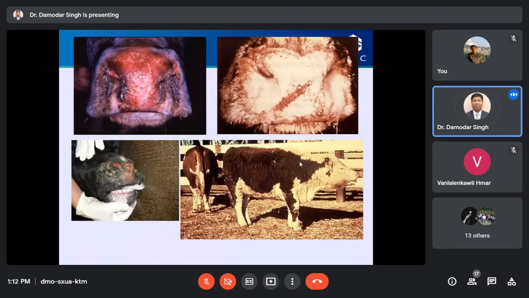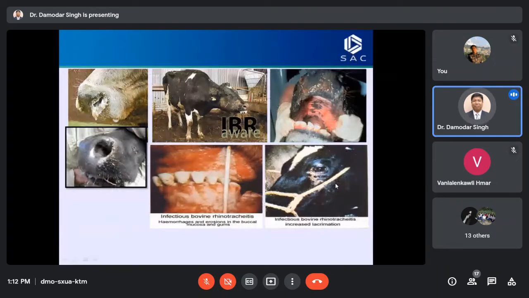Then these are some pictures showing, as I have already shown, open mouth breathing, nasal discharges and salivation, right? Then these are some more pictures showing very mucopurulent discharge from the nostril, a little bit seropurulent with slight mucus.